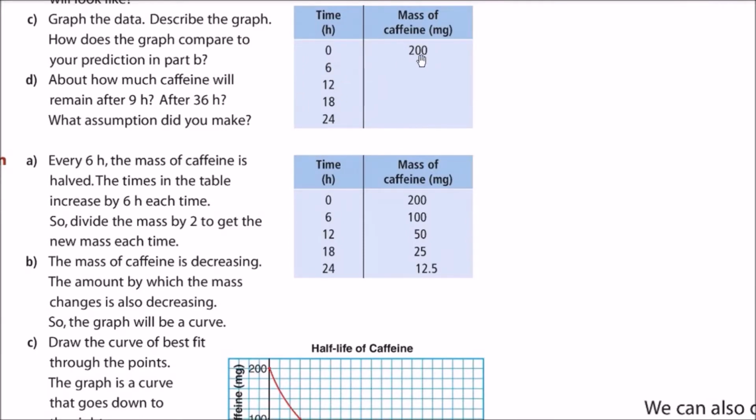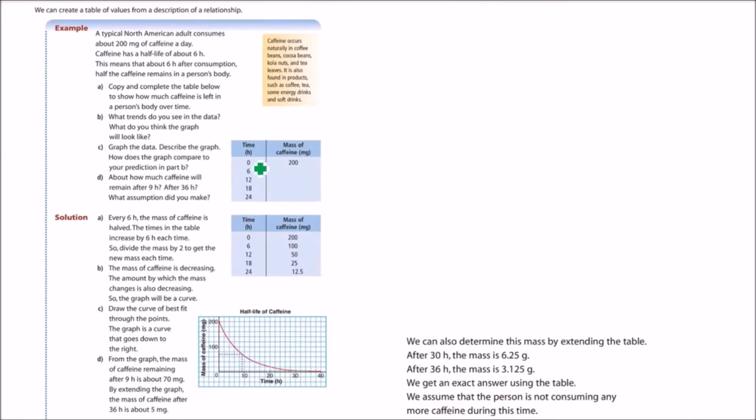When the time is 0, it is 200. When the time is 6 hours, it becomes half, so it will be 100. Then at 12 hours it will again be halved, so 100 by 2 is 50. After 18 hours, again half, 25. After 24, again half, 25 by 2, that is 12.5.